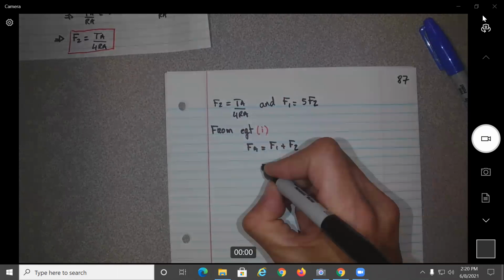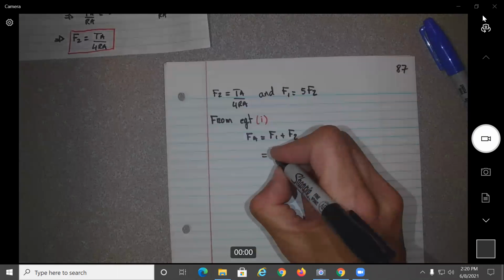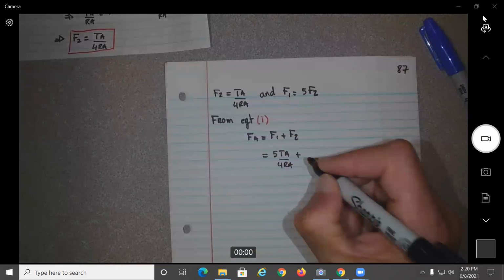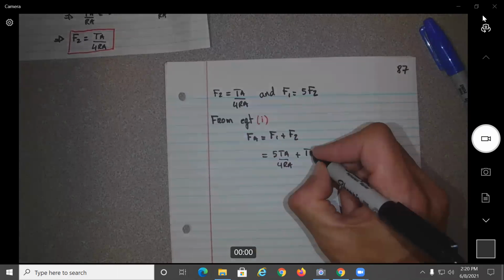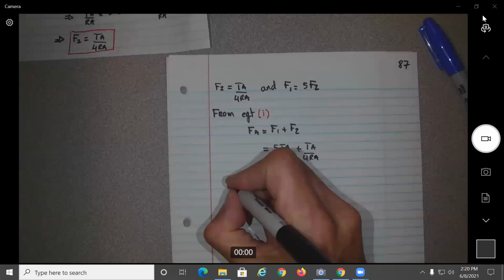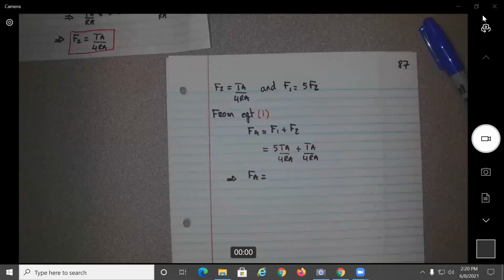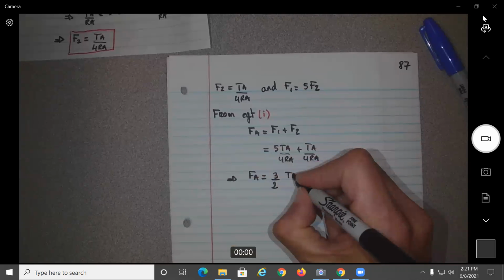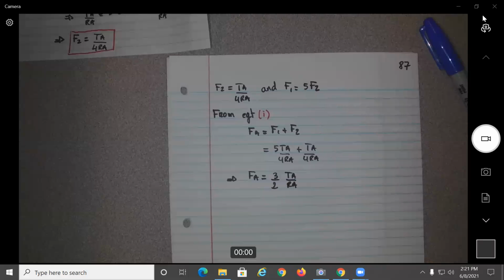So we're going to have 5 TA over 4 R sub A plus F2 which will be TA over 4 R sub A. So this will give you that F sub A equal to 6 over 4, which will be 3 over 2, no? 3 over 2 TA over R sub A.